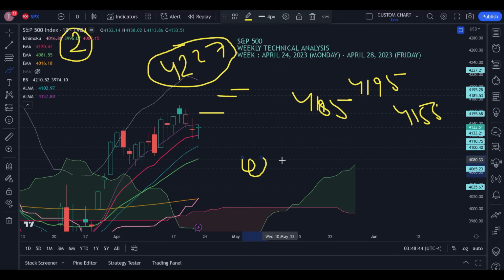Whether it will be a bullish movement or a bearish movement will actually depend on the actual earnings. But there will be some movement if there come good or supportive earnings, number one. Number two, the fact is that this is the last week of April, and also this will be the closing of the month of April, right?